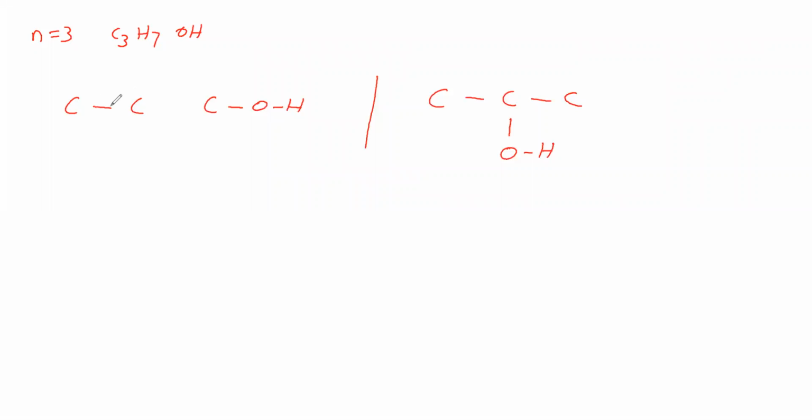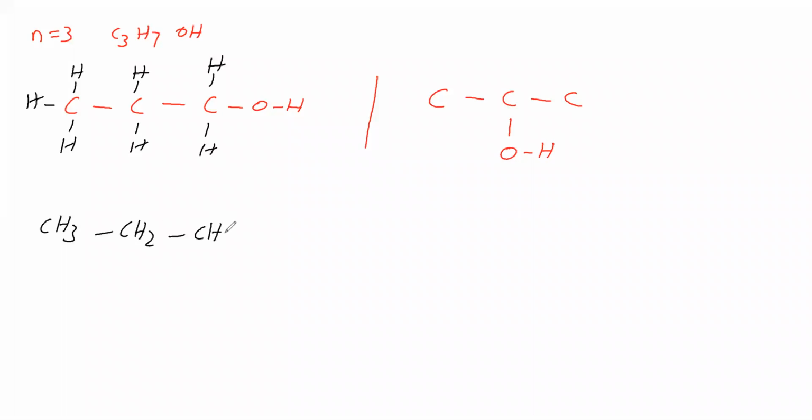Then give carbon-carbon single bonds, because we are following the general formula. For this carbon give 3 hydrogens, because carbon makes a total of 4 bonds. This carbon has 2 bonds, therefore give 2 hydrogens. Now this carbon has 3 hydrogens, this has 2 hydrogens, and this has the OH group.